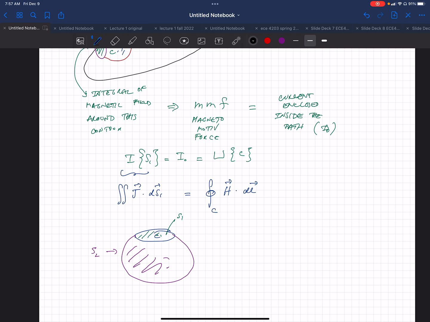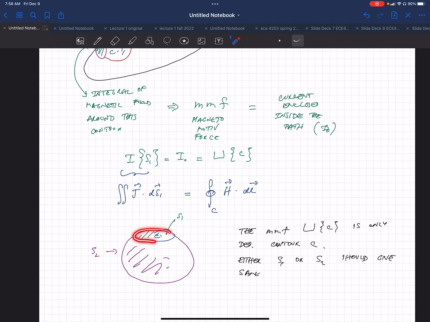Now, since the MMF, this U of C, or Ampere's law, is only dependent on the contour C, picking S1 or S2 as the surfaces should give us the same result, because the only thing that matters is the line.